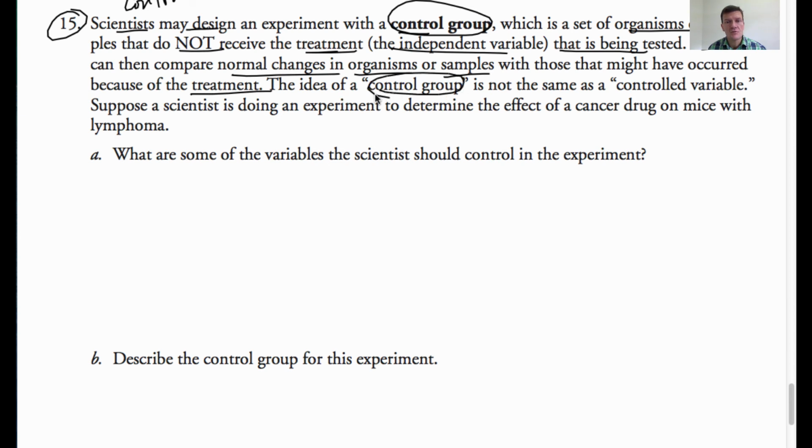The idea of a control group is not the same as a controlled variable. Control group means that basically you're going to let that group run through the same experiment but not change anything to see if the changes occur just naturally, or did they really occur because of the changes that you made. Okay?